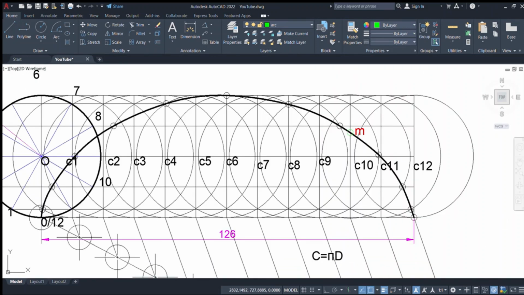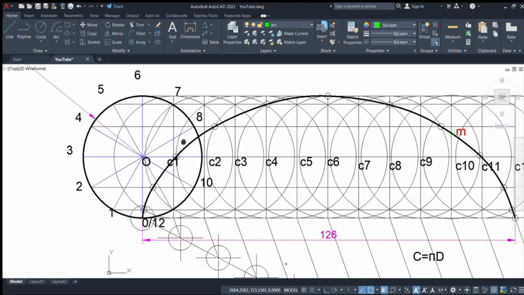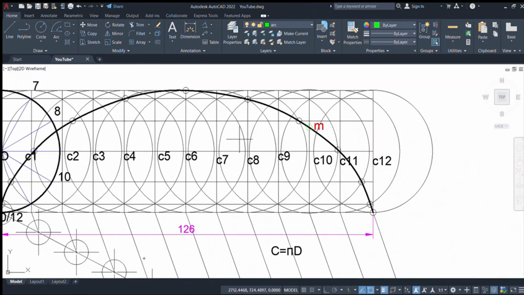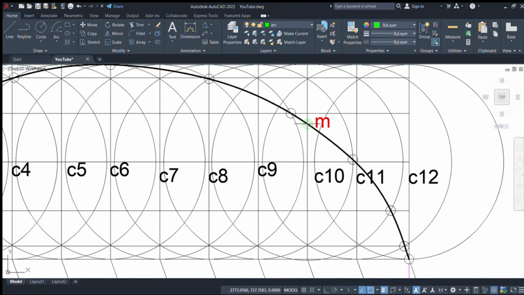Now using M as the center and our radius of 20, we mark a point on the center line.